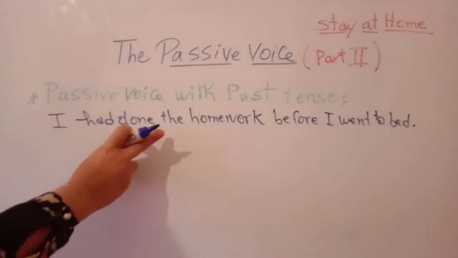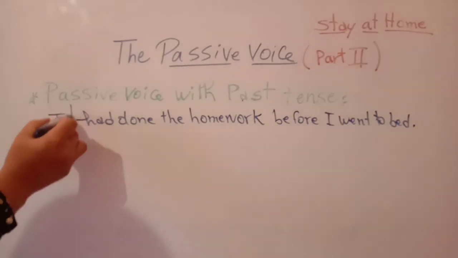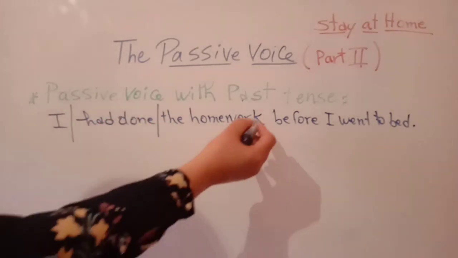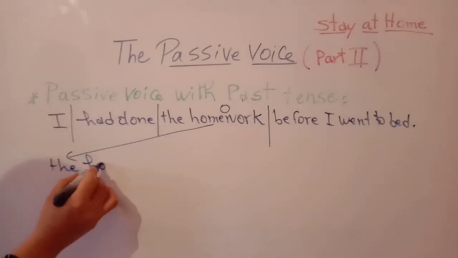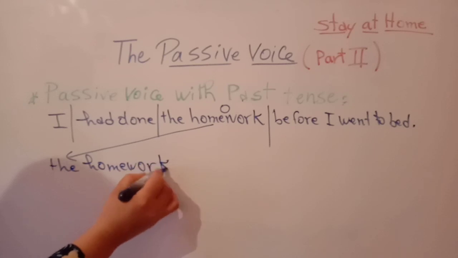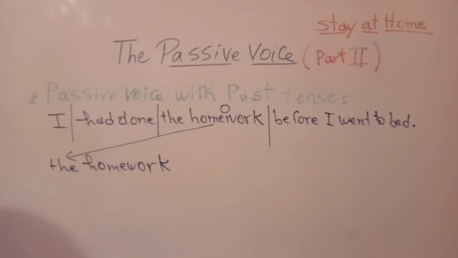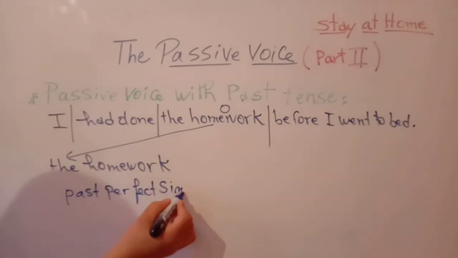Another example with the past tense. I had done the homework before I went to bed. So the subject is I. Had done is the verb. What? The homework. So the homework is object. So the homework becomes subject. Then the verb. So you have had done. Which tense? Of course, it's the past perfect simple.